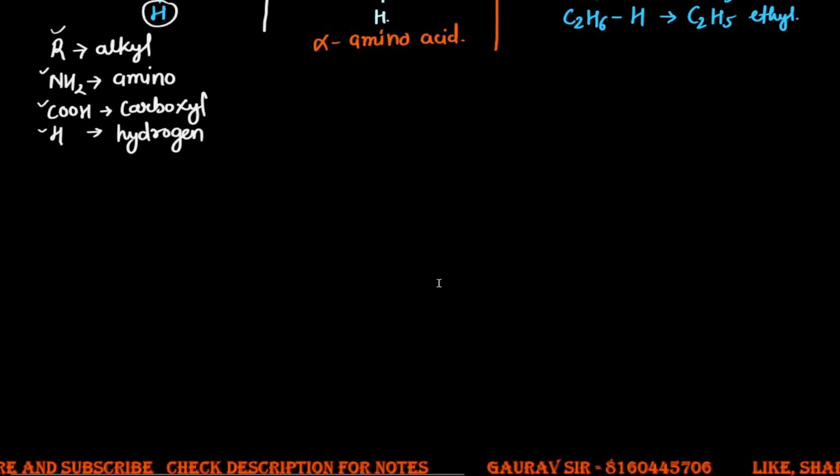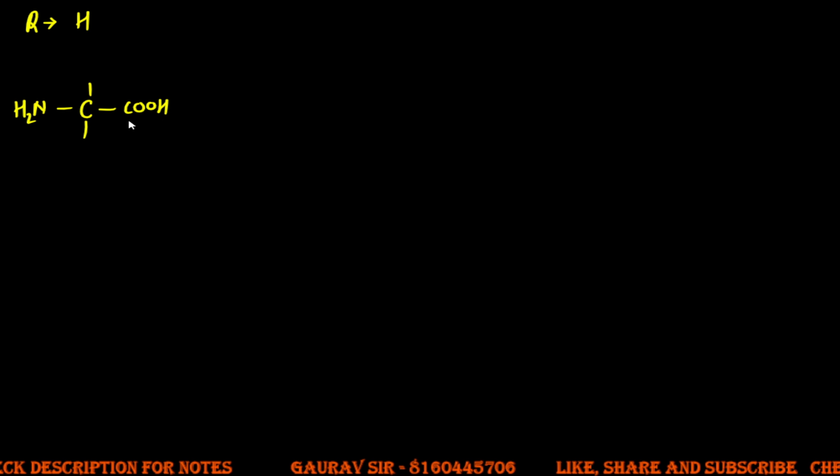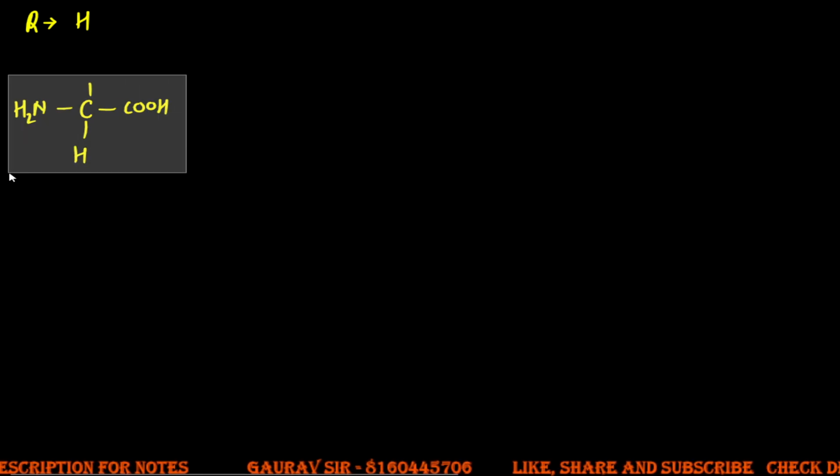Okay, so what am I going to do? I will be replacing this R, that is the alkyl group, with H. Okay, so let's say R here, alkyl group here, is H. So what will be the amino acid formed? As I told you, this basic structure would remain common for each of the amino acids. So I'll just copy it.